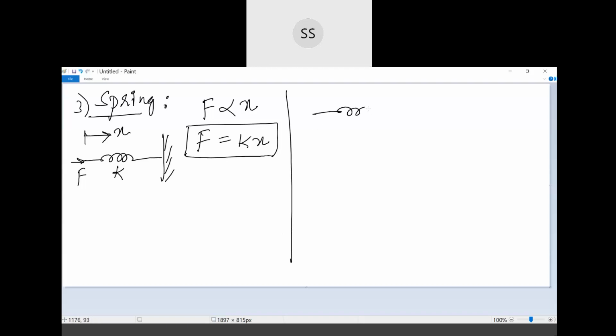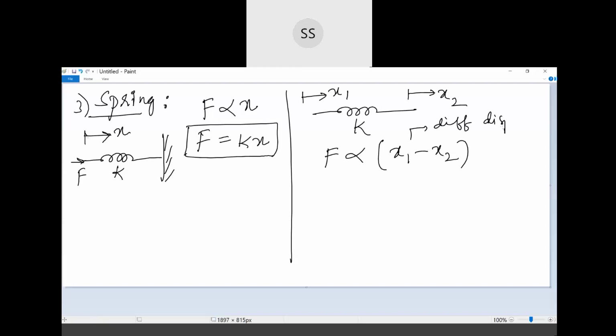Under that condition, consider that we again have the spring K. This end is displaced by x1 amount, and this end is displaced by x2 amount, under the applied force. In this case, as the two ends have different displacements, F will be proportional to x1 minus x2. That is, the opposing force will be proportional to the differential displacement. Okay, so this is called as what?